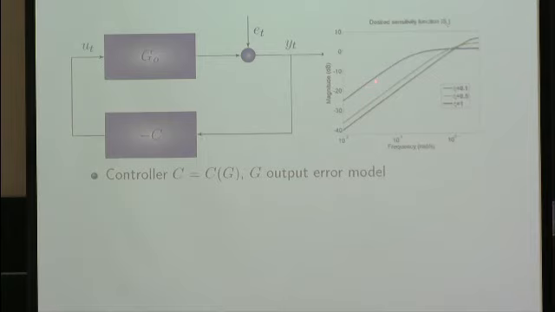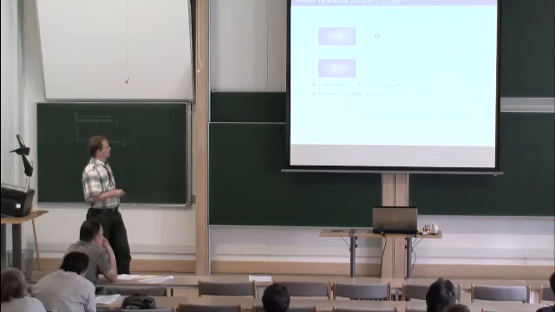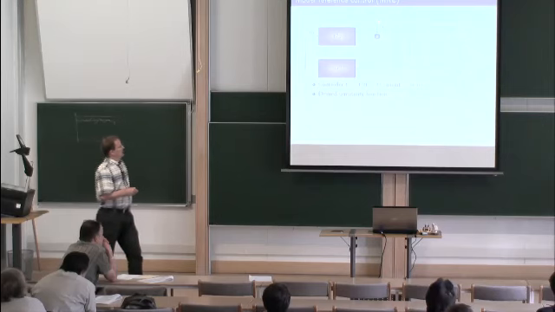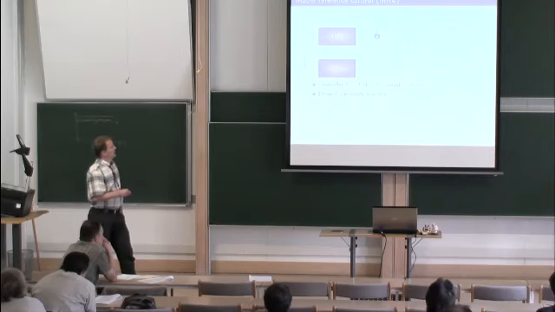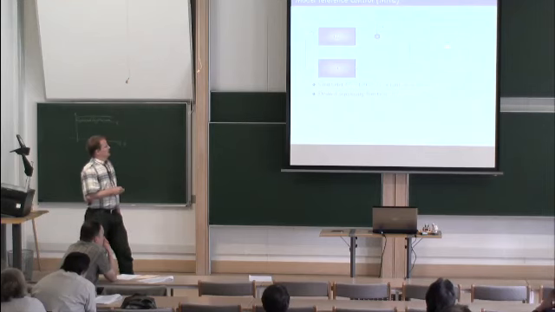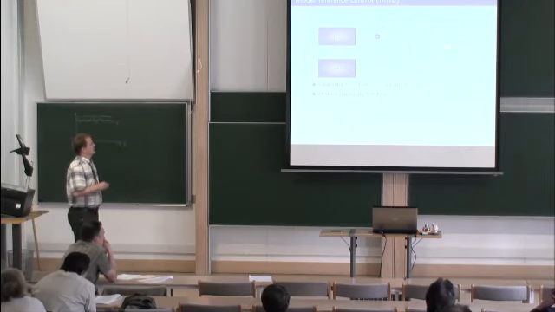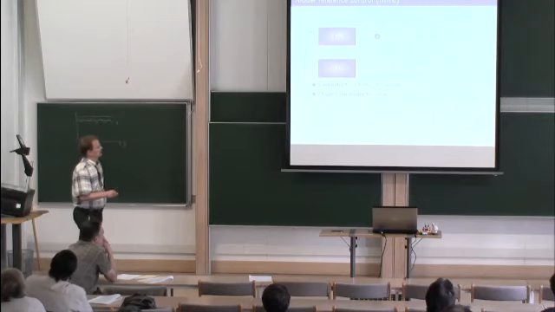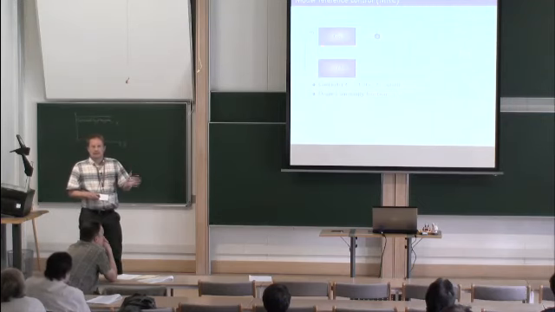And I can choose different desired bandwidths here. So I have a desired sensitivity function, this is called the sensitivity function, the function from here to here. And the higher the bandwidth, the higher xi, the more aggressive my controller will have to be. So I have to use more power here to achieve better attenuation at higher frequencies.